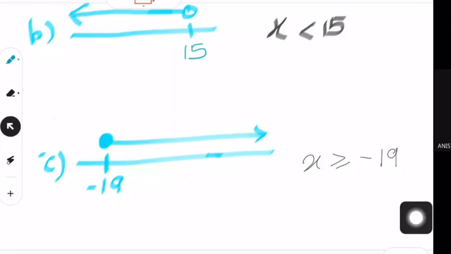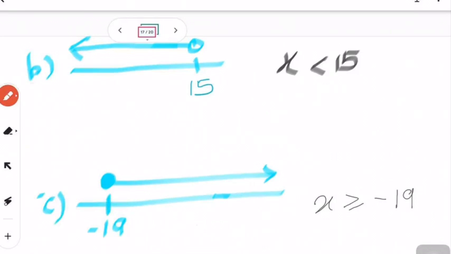Alright. So for B, X is less than 15, tak ada equal sign, okay betul. Arrow pun betul. C, X is greater than or equal to negative 19. Okay, you have negative 19. You have the equal sign here and you shade the whole circle and the arrow pun betul. Okay, correct.